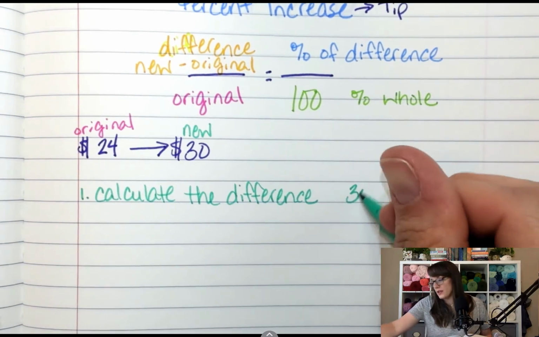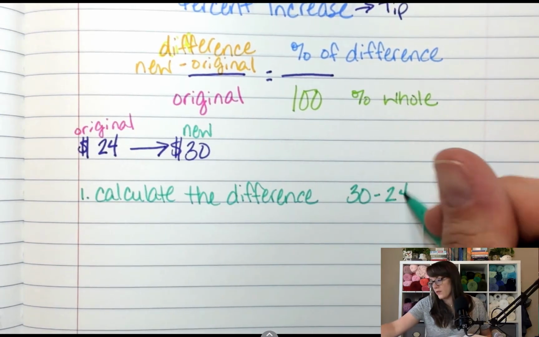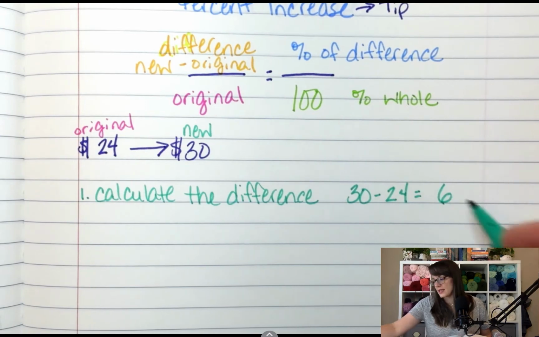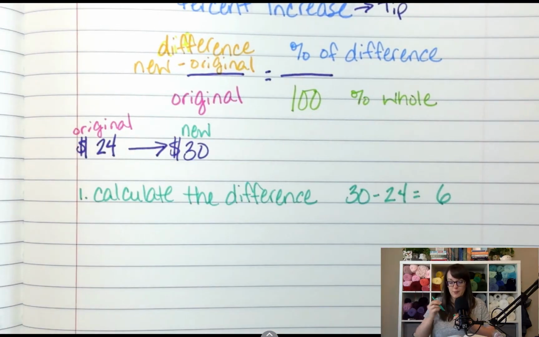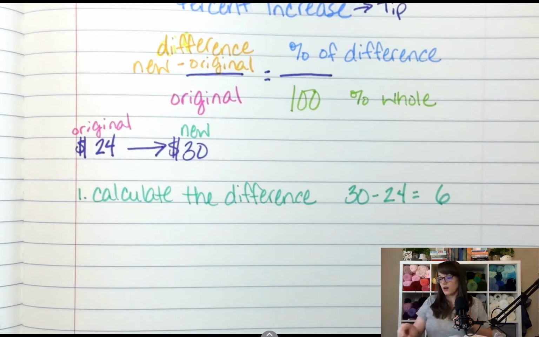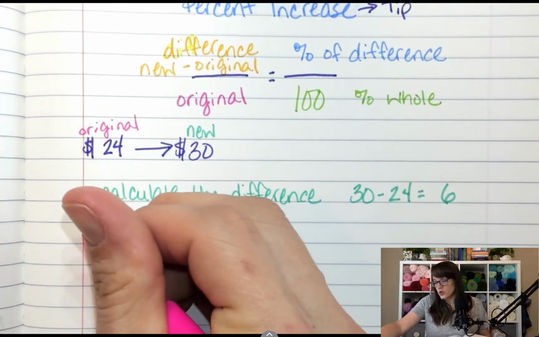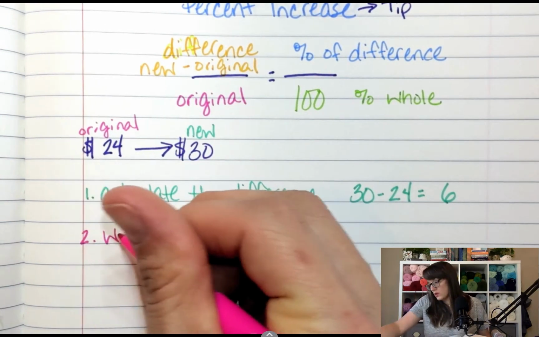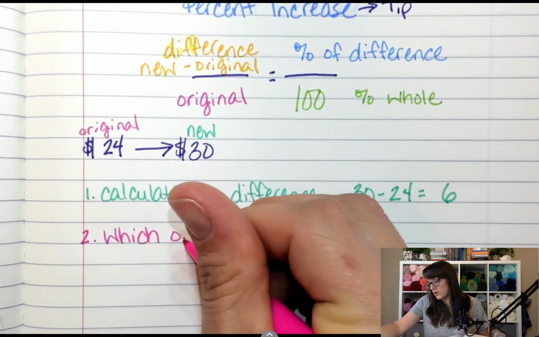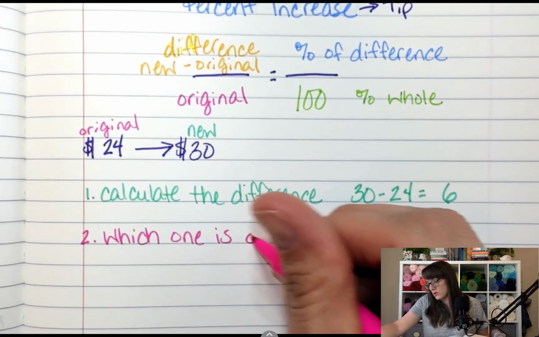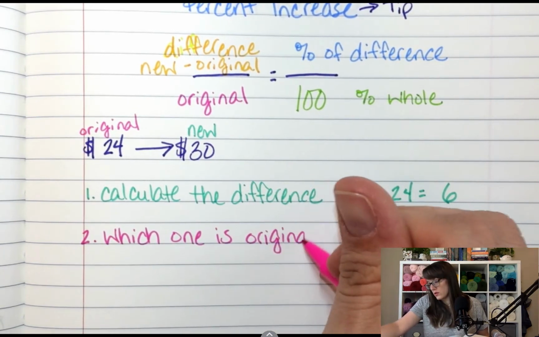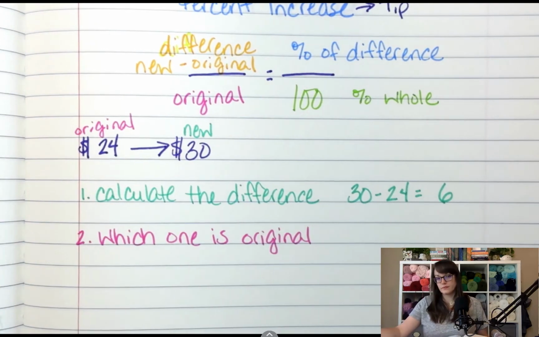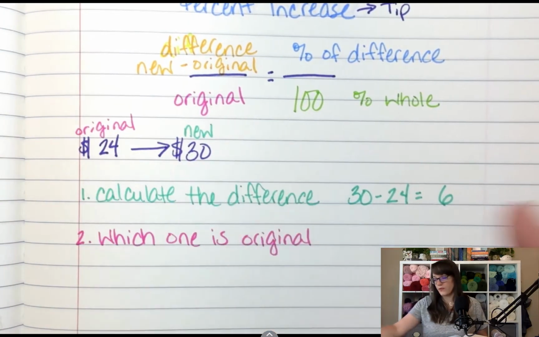So 30 minus 24 is 6. That's going to go top left, the difference. All right, the second thing I need to do, which one is the original? The 24. 24 is the original.